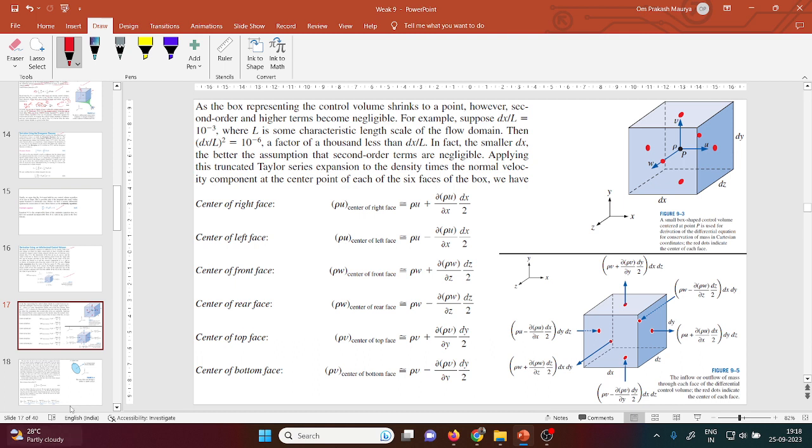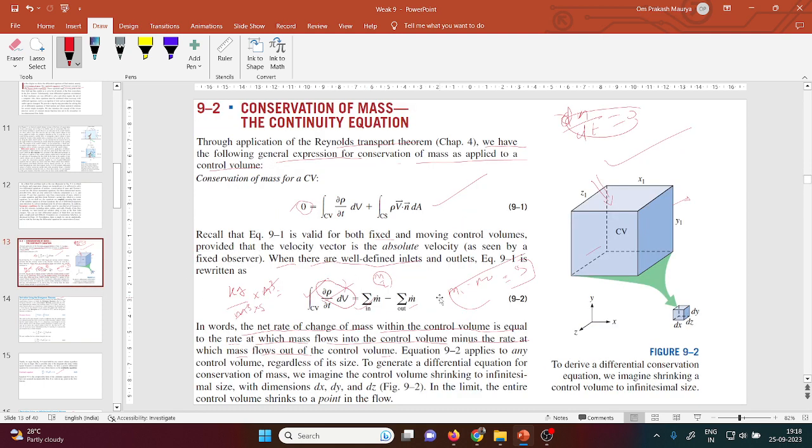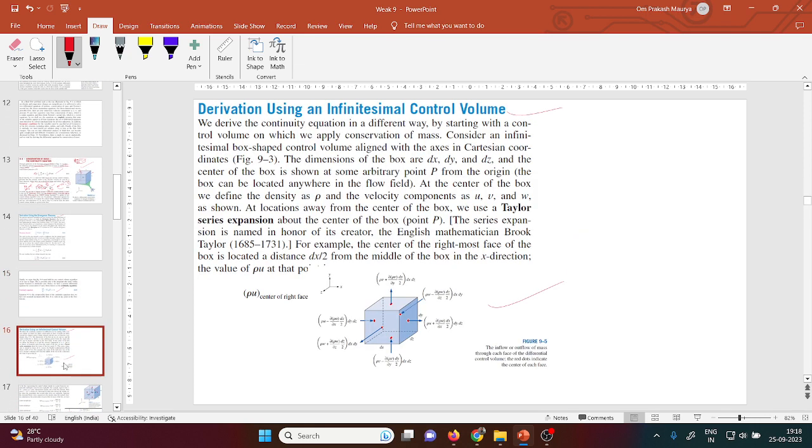So this is the reason. If you see this equation, whatever the mass flow rate is, it is mass by time. When you derive the equation like that, you have the mass rate in and the mass rate out, so your expression comes out like that.